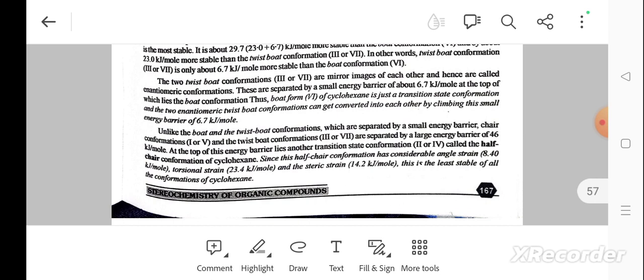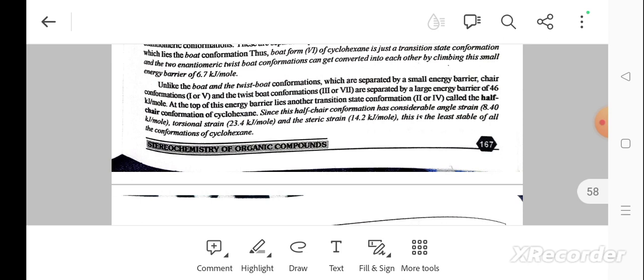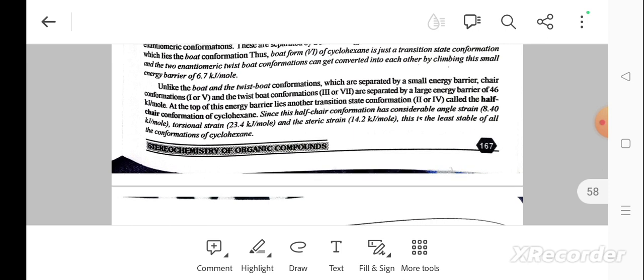These are separated by a small energy barrier of about 6.7 kilojoules per mole, at the top of which lies the boat configuration. Thus, the boat form of cyclohexane is just a transition state configuration, and the two enantiomeric twist boat configurations can be converted into each other by climbing this small energy barrier of 6.7 kilojoules per mole. Unlike the boat and twist boat configurations, which are separated by a small energy barrier, the chair and twist boat configurations are separated by a large energy barrier of 46 kilojoules per mole.